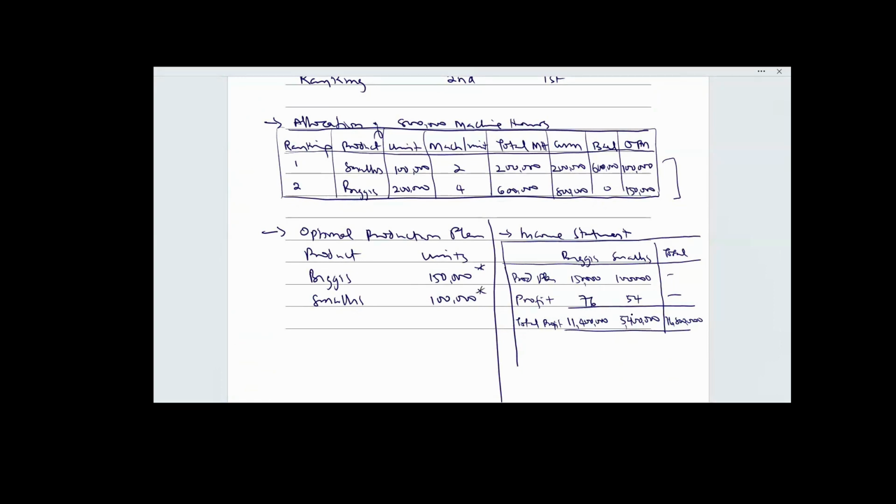This represents our production plan. It is this production plan that will maximize the total contribution of the organization. Therefore, in this requirement, the examiner is asking us to calculate the shadow price.